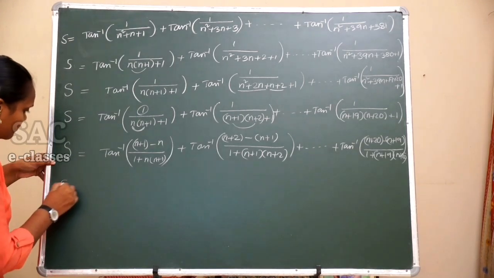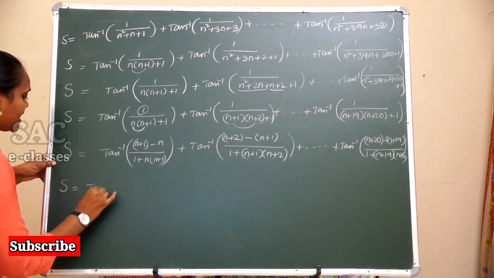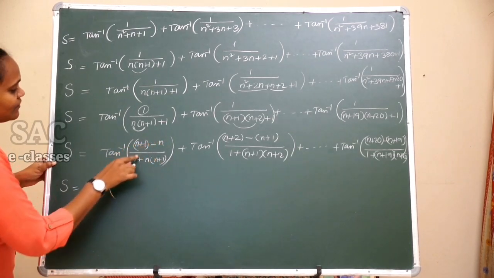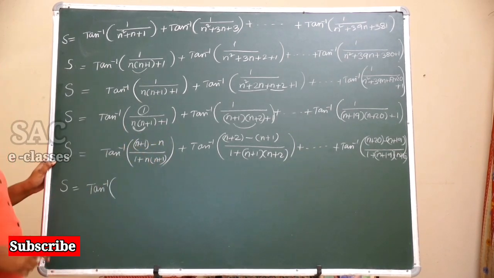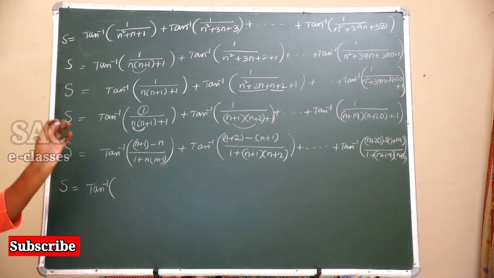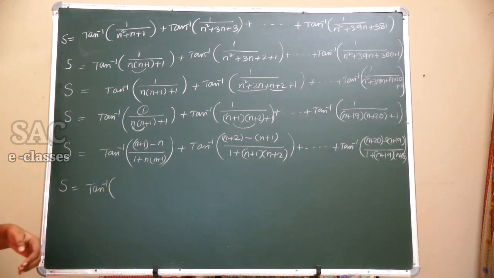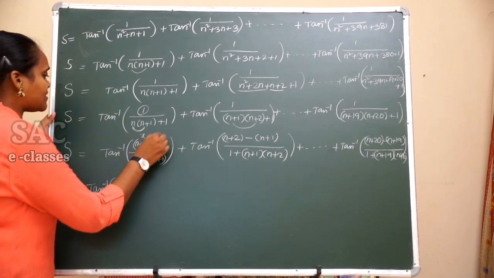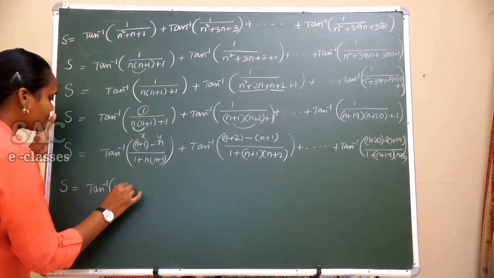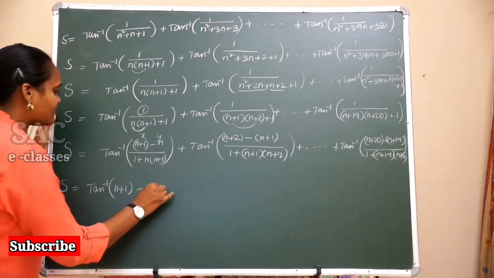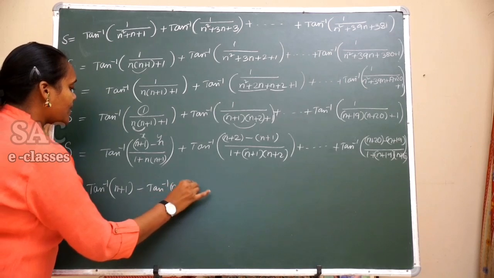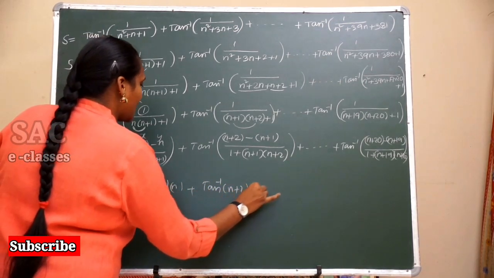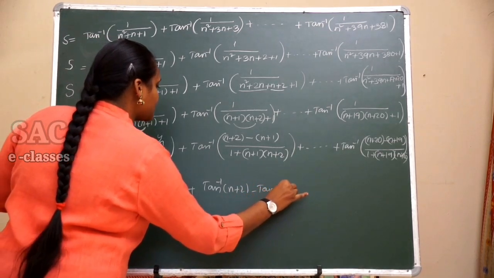Now S is equal to tan inverse. Clearly it is looking like x minus y by 1 plus xy. We all know that tan inverse x minus y by 1 plus xy can be written as tan inverse x minus tan inverse y. So tan inverse x means n plus 1 minus tan inverse n, plus tan inverse n plus 2 minus tan inverse n plus 1.